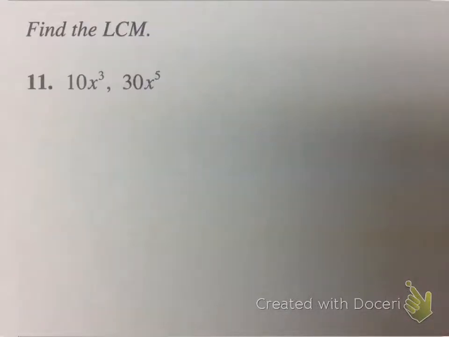Now what happens if you have variables involved? How will that affect your LCM? So again, 10x cubed, I'm going to just break that down. That's going to be 2 times 5 times x times x times x.